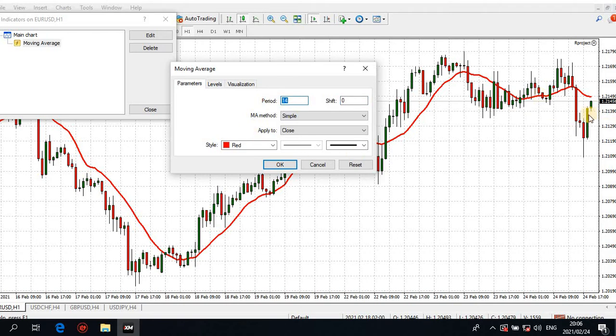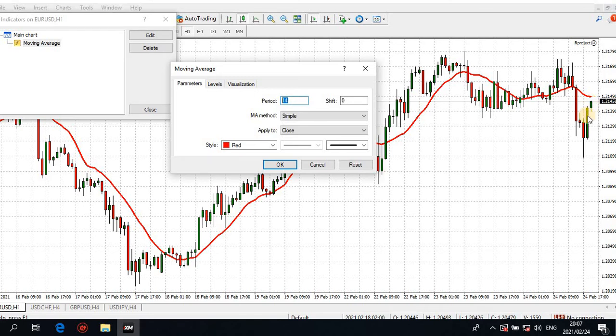For example, let's say the 14th candlestick is here, okay. After all these 14 candlesticks, the moving average will make a decision on this candlestick. It is shift 0.